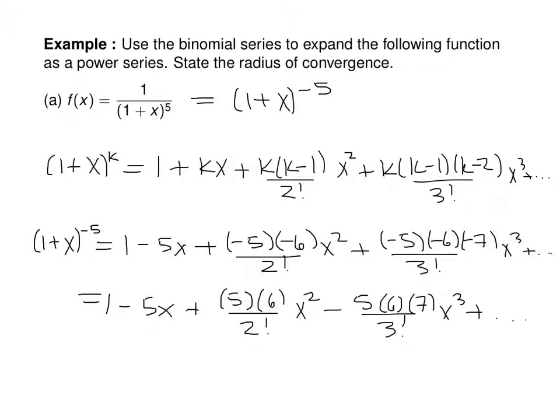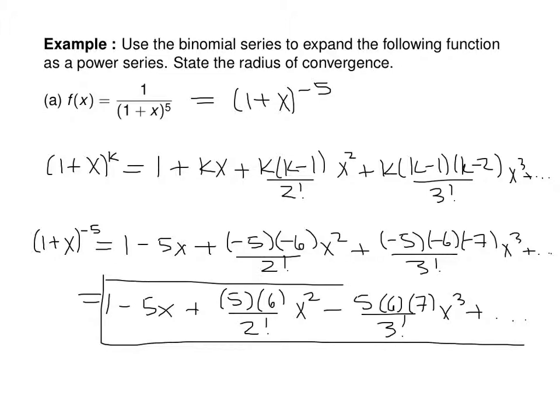If you want to cancel anything, it's completely up to you. I don't think there's any convention for what is or is not done. Sometimes not canceling things makes it easier to see patterns.